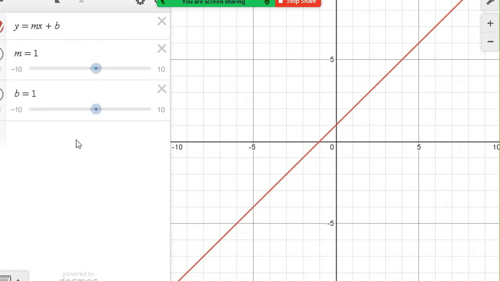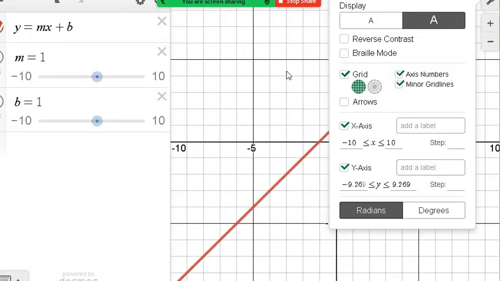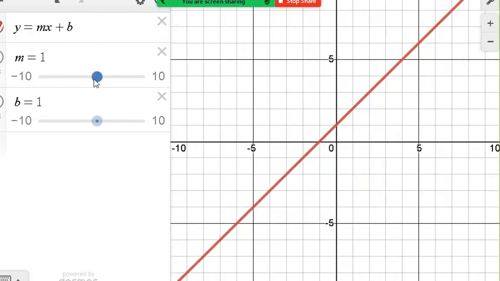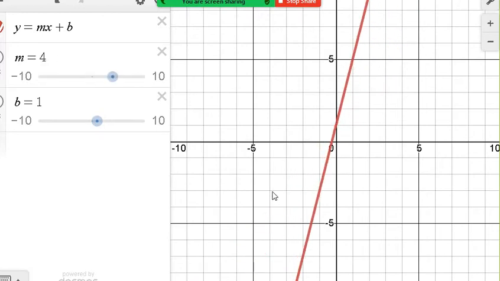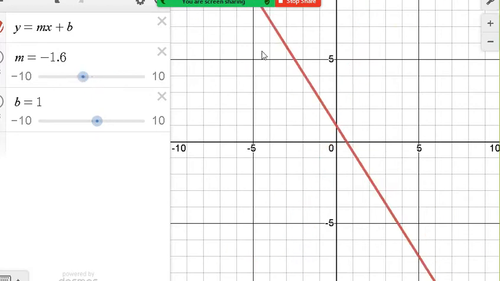Remember what mx plus b is all about? When we talk about the equation of a line, m is what? M is the slope. So if your slope is positive, as you move from left to right, the line's getting taller. If your slope is negative, the opposite happens. As you move from left to right, things are going down.